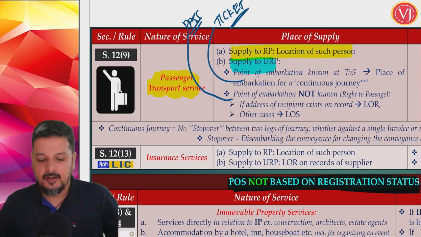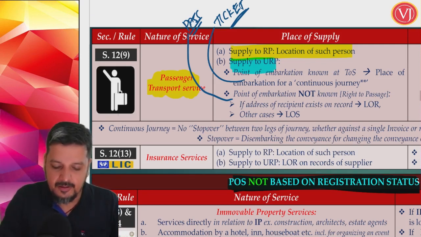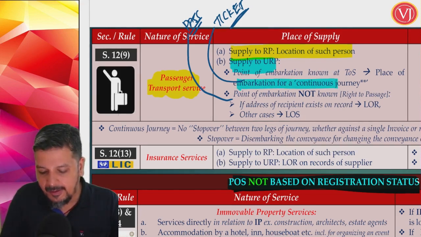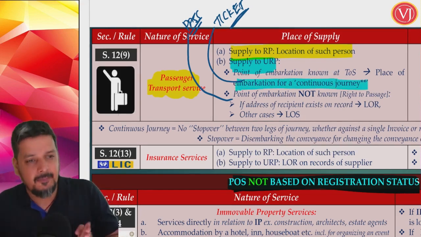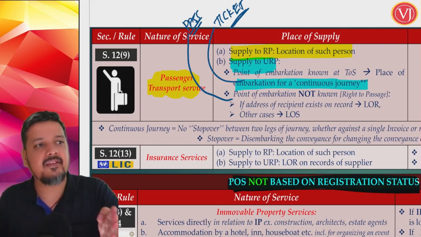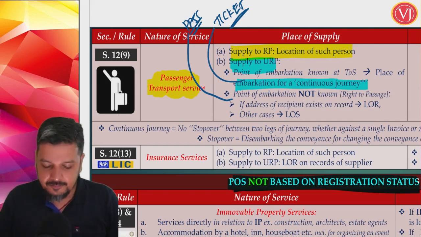Now, normal ticket B2C: the place of supply is the place where the passenger embarks the conveyance, which means passenger enters the conveyance for continuous journey.